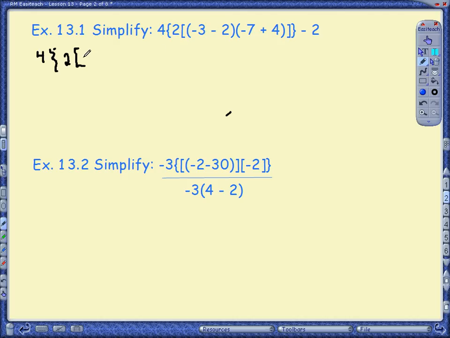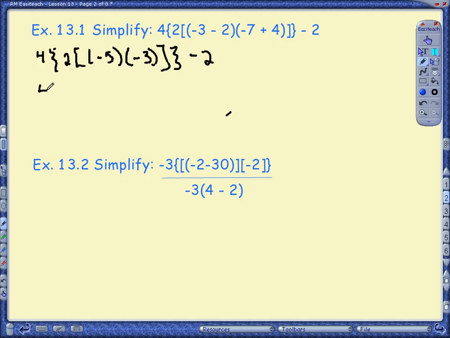That's -3 minus 2. That gives us a -5, and it's good to always keep it in parentheses. My next innermost is -7 plus 4. That equals -3. Close the brackets, close the braces, and rewrite the 2.